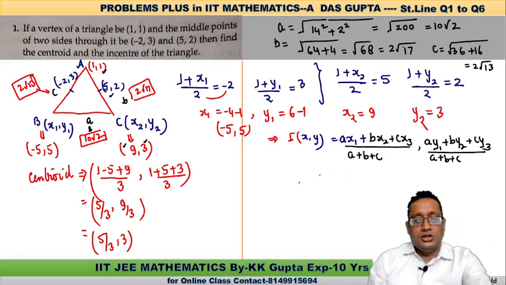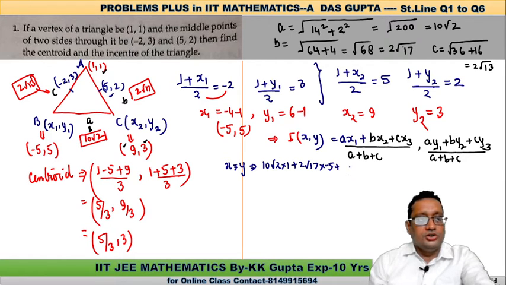Now the x coordinate will be, and y, let's do both. 10 root 2 into 1 plus 2 root 17 into minus 5 plus 2 root 13 into 9, divided by 10 root 2 plus 2 root 13 plus 2 root 17.